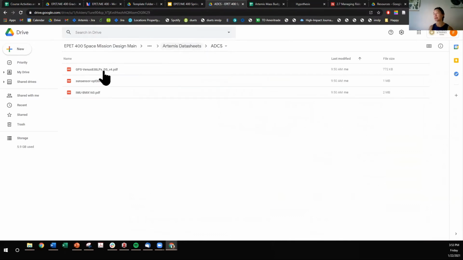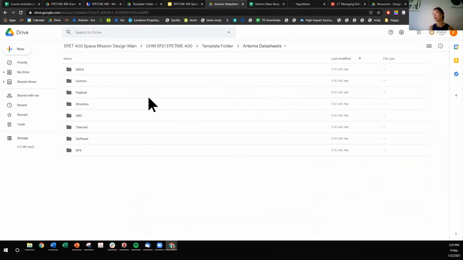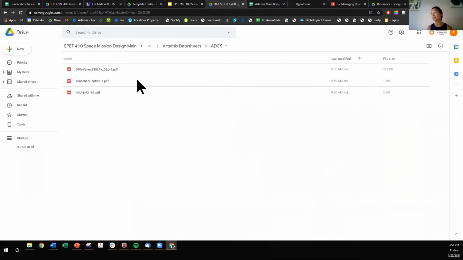What I should have said is all of the data sheets are separated by subsystem. So if you're looking for a certain ADCS component, you can go in there. It's not totally comprehensive; there are some components missing.